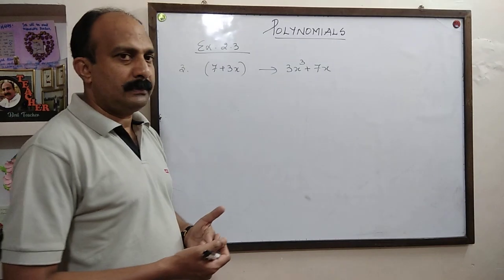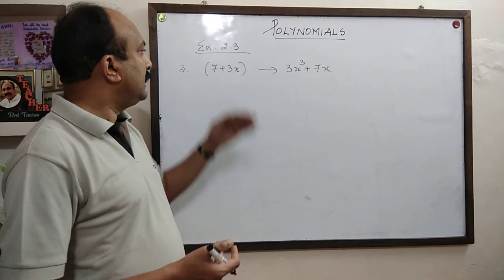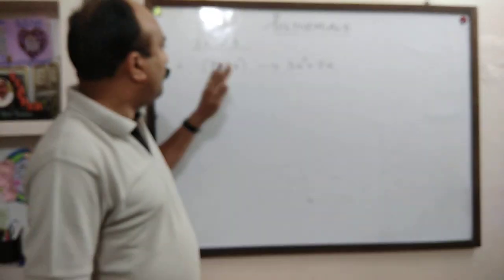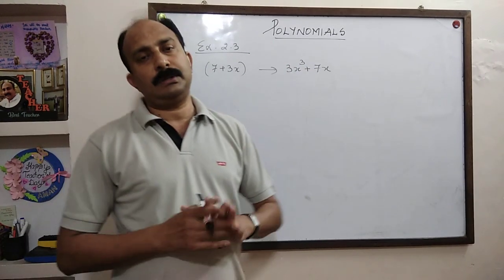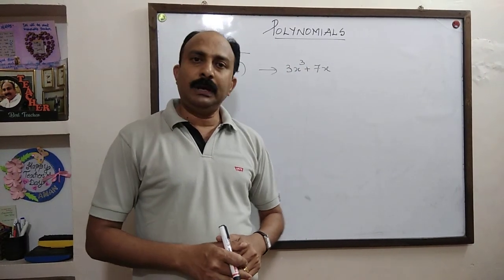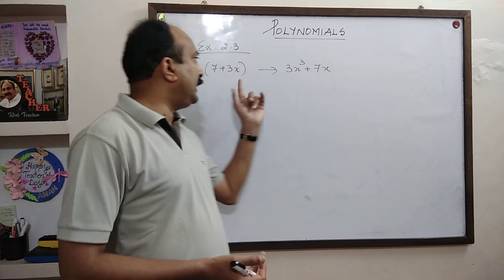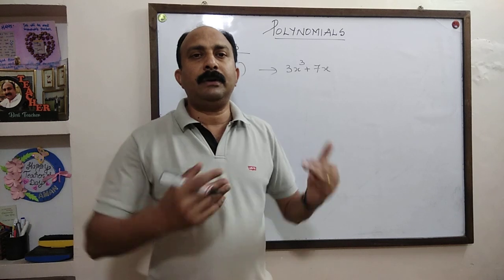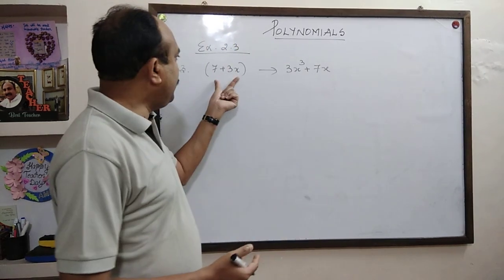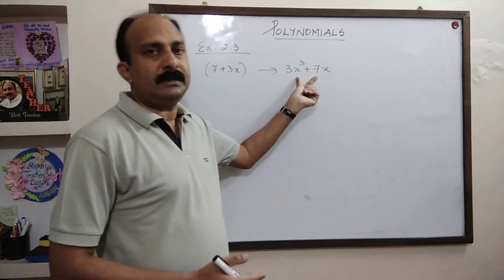So this question means we have to check whether the remainder in this case is 0 or not. That's all. We know that using remainder theorem we can find the remainder. If the remainder in this case is 0, then our answer is yes, 7 plus 3x is a factor of this.